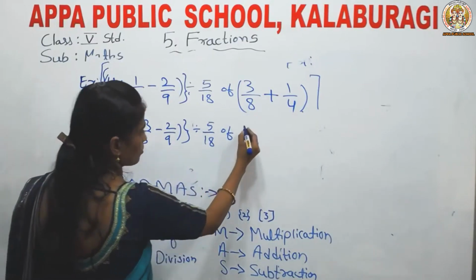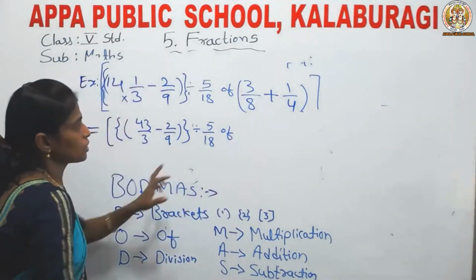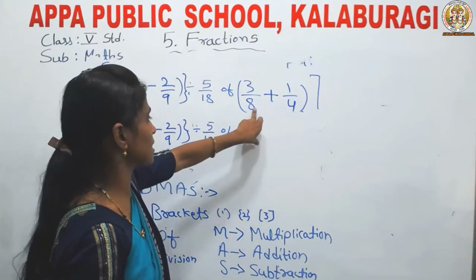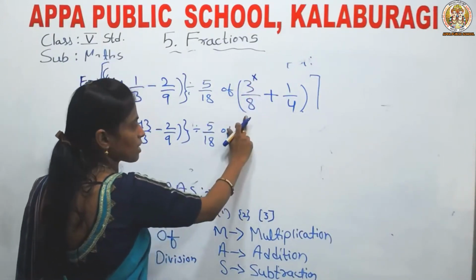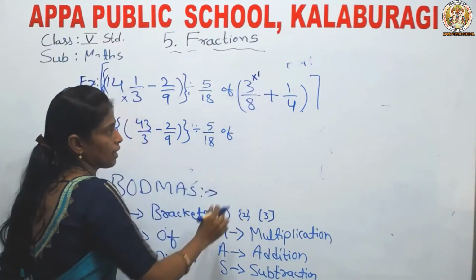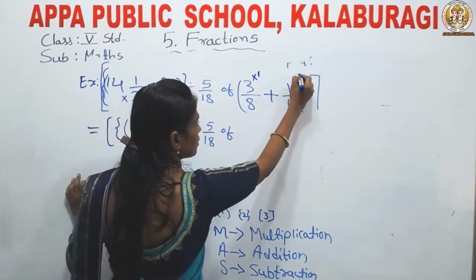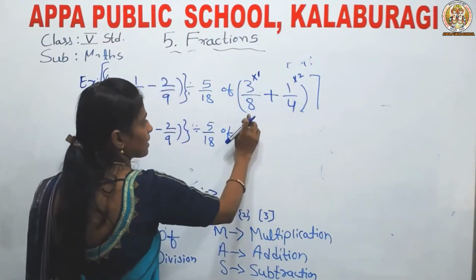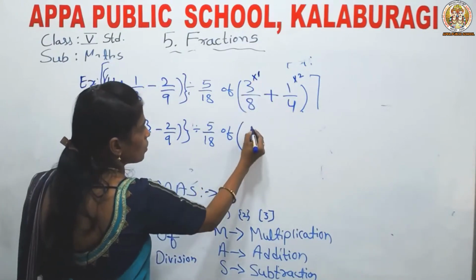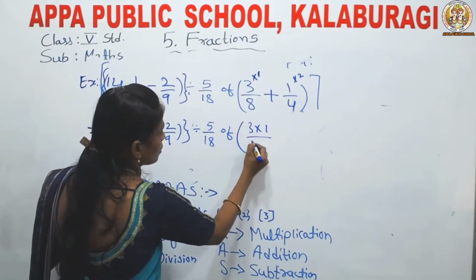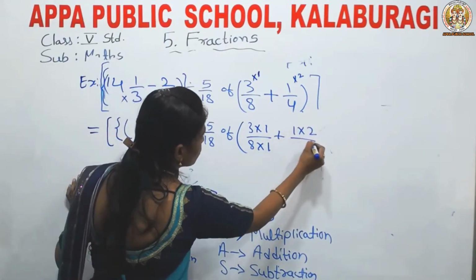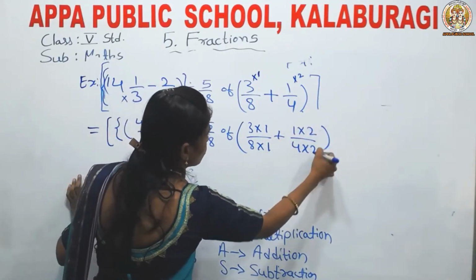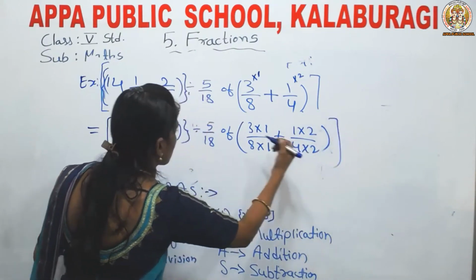Now simplify this one. Here the denominators are different. Take LCM, we will get 8. Okay. Here which number multiplied will get 8? 1 number. And here which number multiplied will get 8? 2 number. 4 2s are 8 and 8 1s are 8. Now 3 into 1 divided by 8 into 1 plus 1 into 2, that is 4 into 2. Okay.